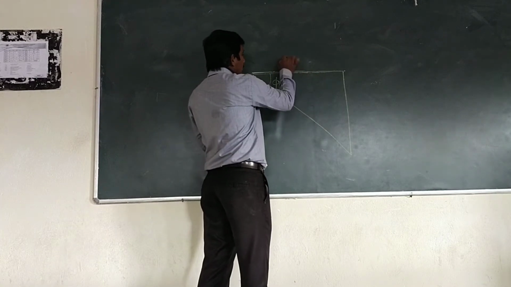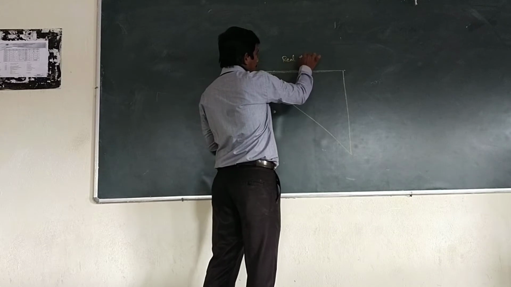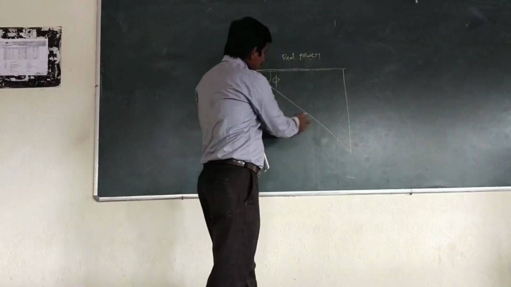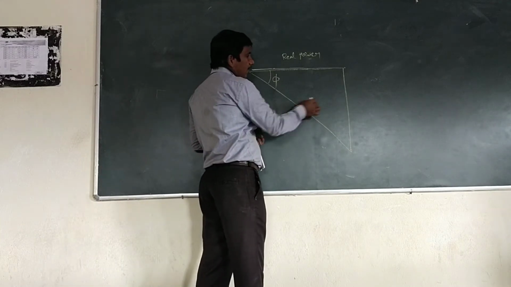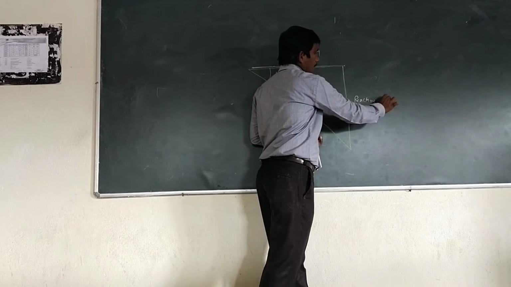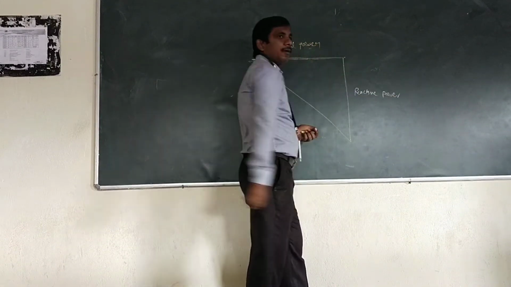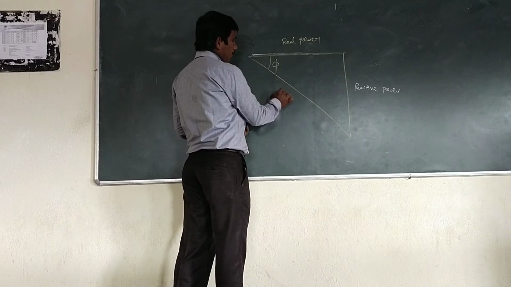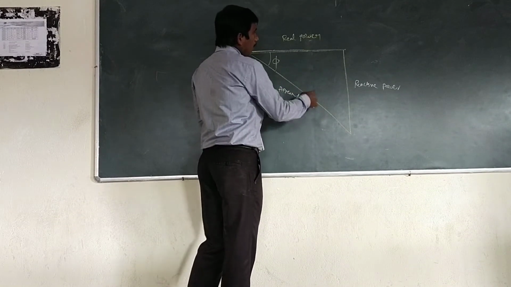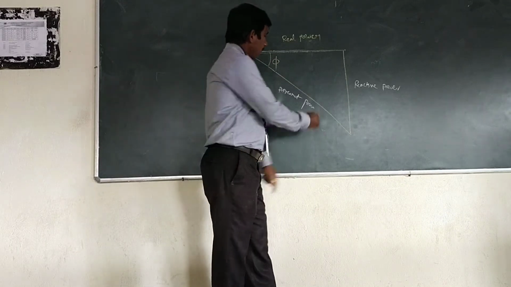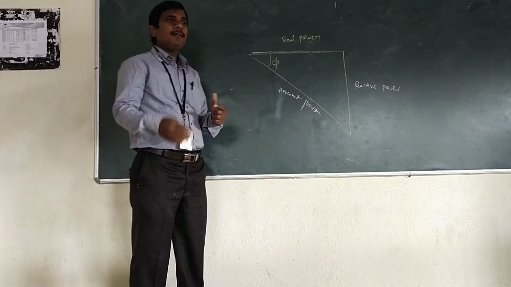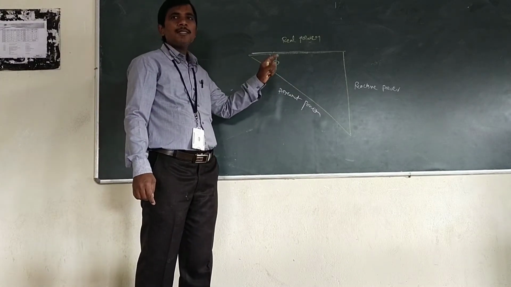This is real power, this is reactive power, and this is apparent power. For a triangle there are 3 sides.